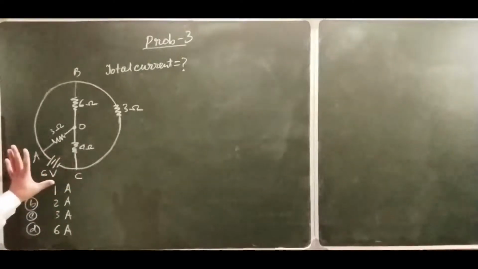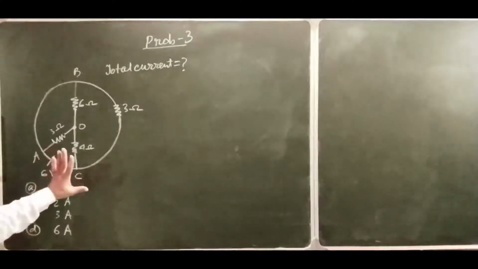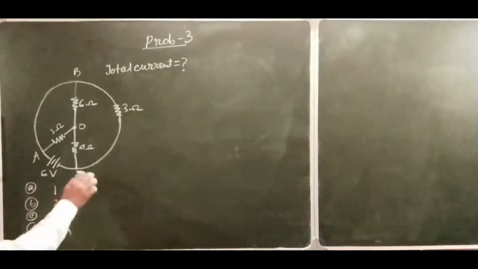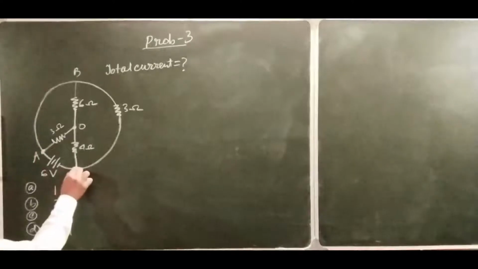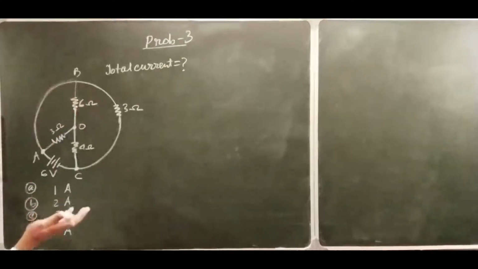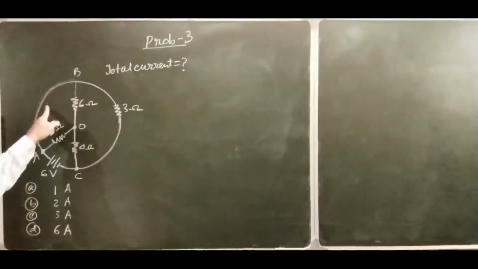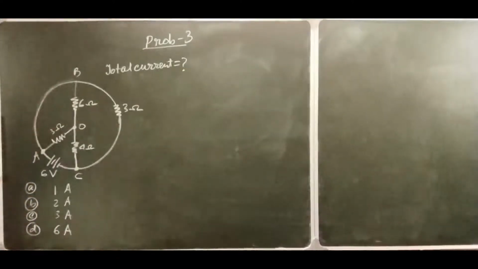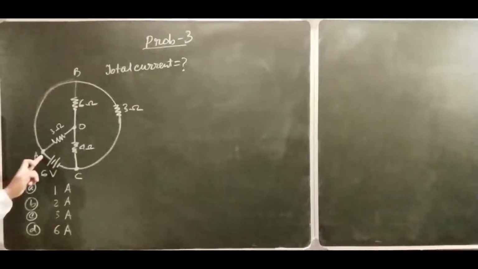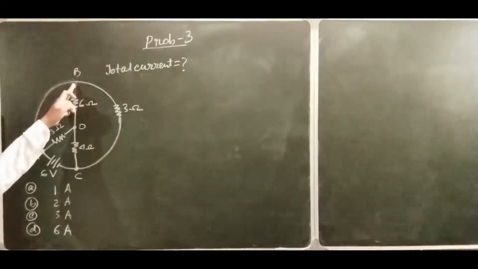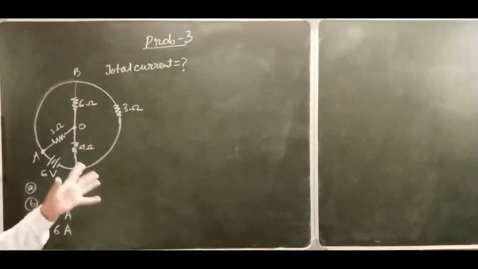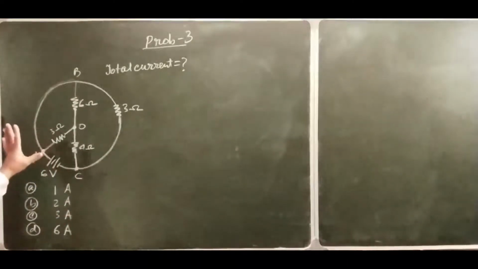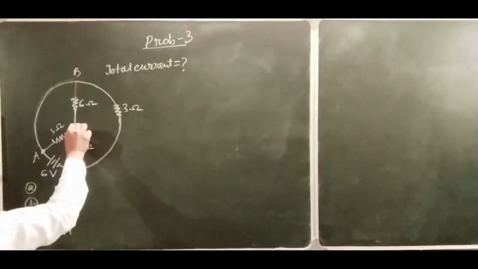Now if you closely watch this circuit, then you have to take these 2 points as reference points. First of all, these 2 points, this A and B, are actually the same point. Since there is no resistance, so we can assume that the potential at A and potential at B are same. So these 2 points can be considered as one single point, and this is another single point.